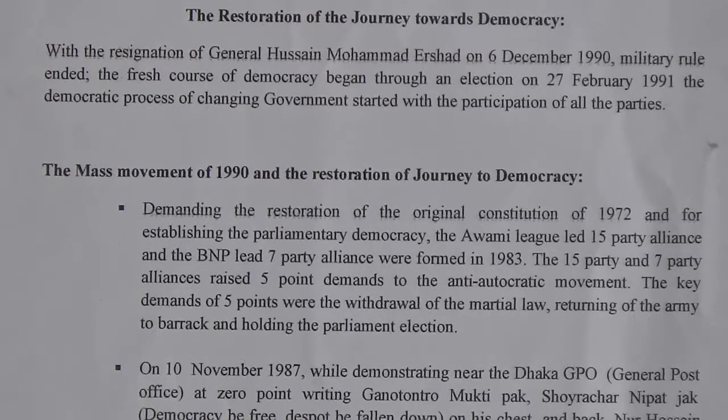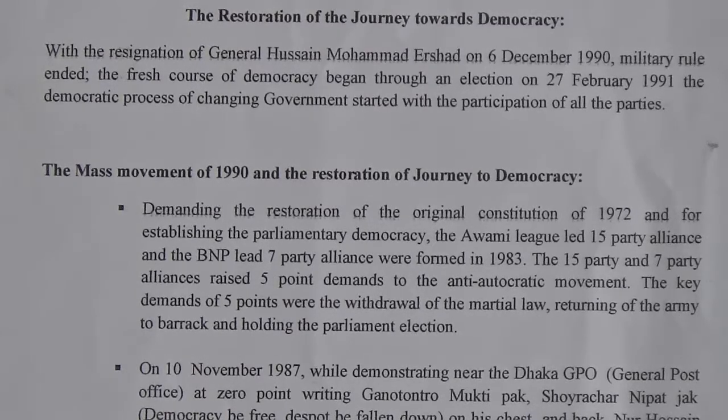You all know that after the gruesome murder of Bangabandhu Sheikh Mujibur Rahman, the martial law administration started in Bangladesh, and it was divided into two parts. The first part was the rule of General Ziaur Rahman, and the second part was the rule of General Hussein Muhammad Ershad.